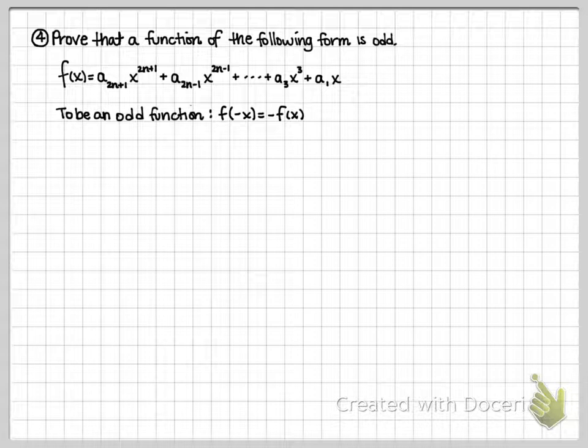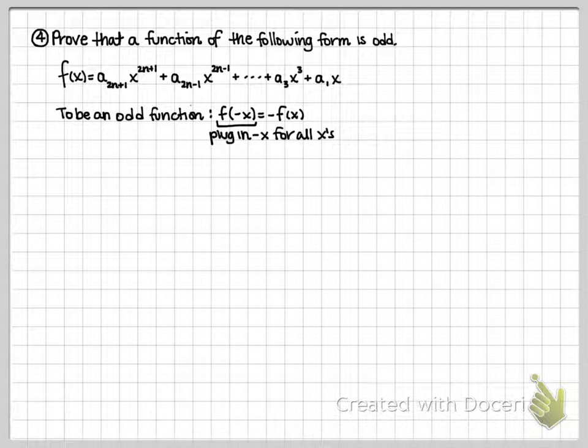So what I'm going to do is plug in negative x for all x's and see what happens. I'm really hoping that it takes the original function and just flips all the signs on it, which means that it's going to be odd.